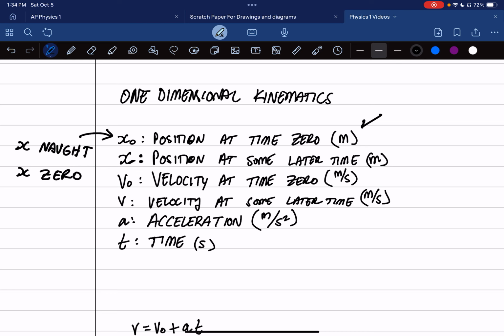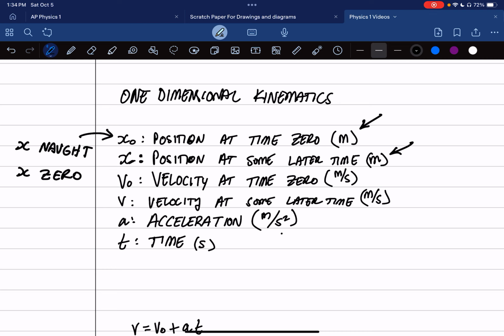I've put the units over here. This is meters. This is also meters. These are both meters per second. Let's write that better. We say meters per second, not m over s or anything silly like that.